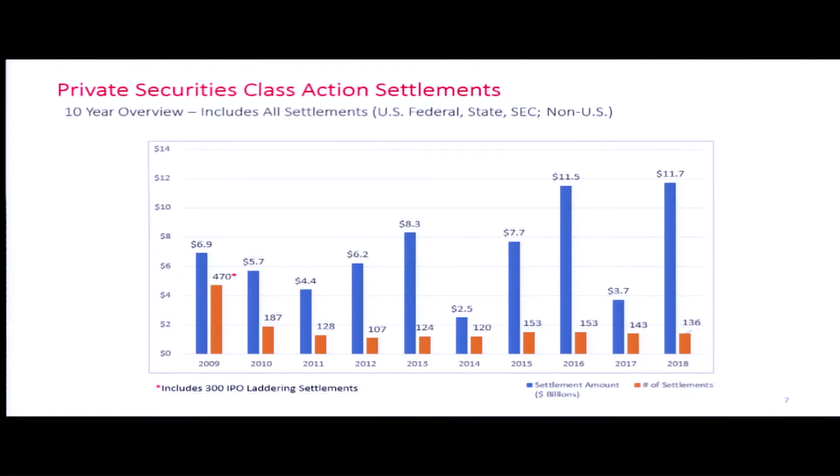So you can see if we look at private securities class actions, and this is not only U.S., federal, state, SEC, but also non-U.S., which are a relatively small number, but still significant, $11.7 billion in 2018. So we're talking about significant amounts of money.